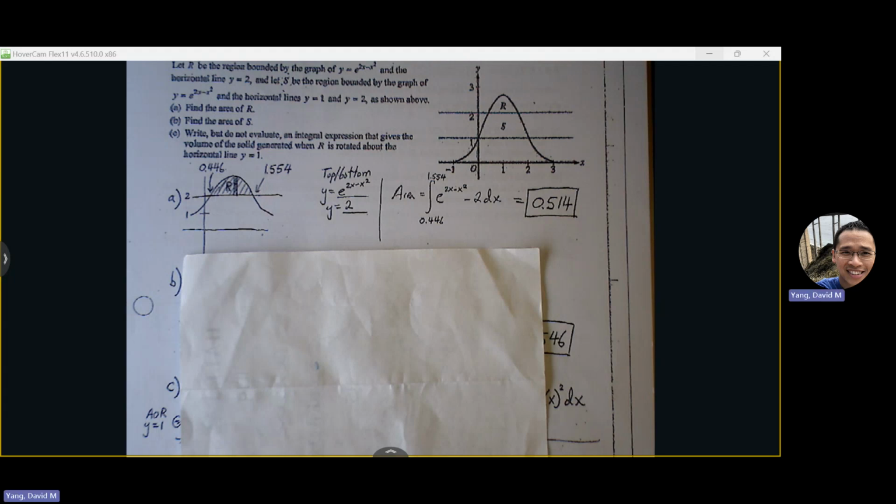Okay, part C. It says write but do not evaluate, so you can just set up the formula. Decide whether it's disk or washer method.